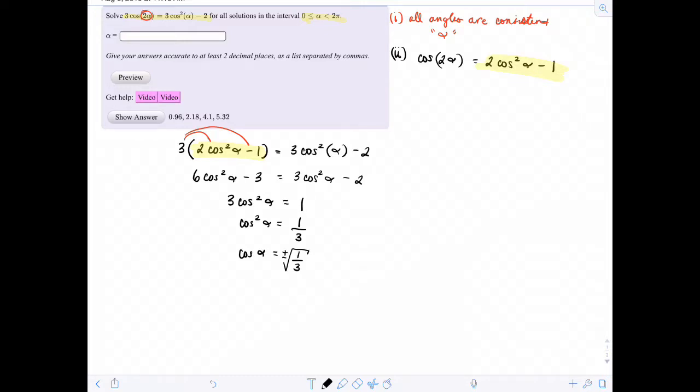So there are 2 solutions here. The first solution is that cosine of alpha is the positive 1 over the square root of 3. The other solution is cosine alpha is equal to negative 1 over the square root of 3.